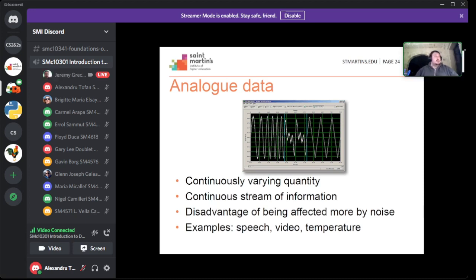For example, a telephone is trying to send analog data down a telephone line to another receiver.